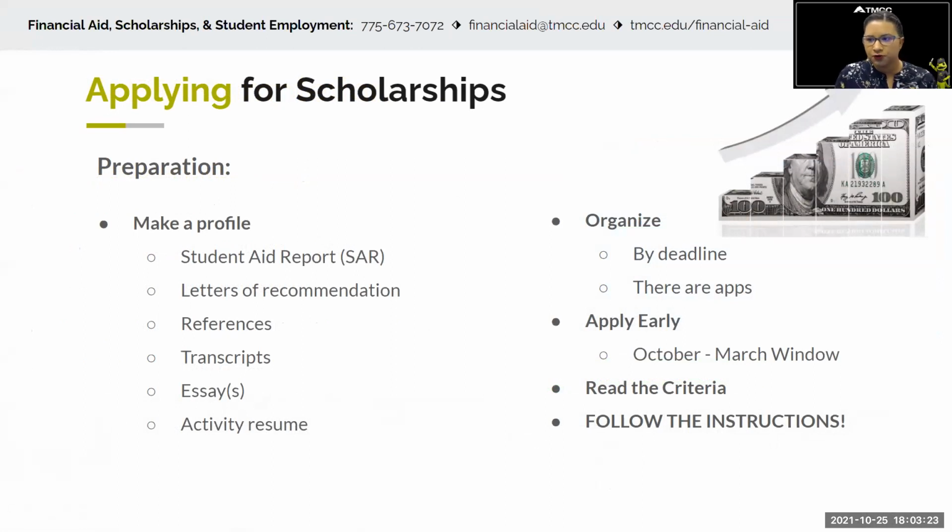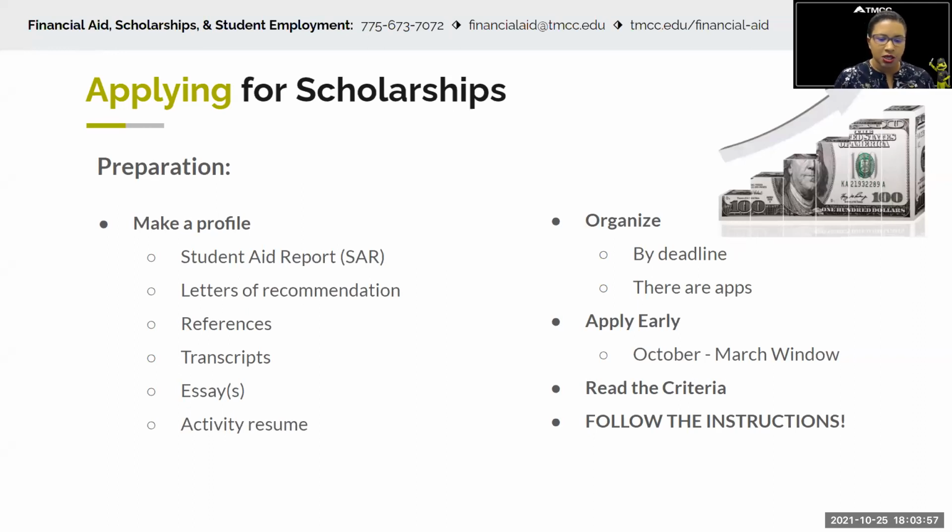Once you've filled out the FAFSA, the next thing to do is to apply for scholarships. When you apply for scholarships, I usually recommend to students that you prepare first and then start applying. When I say prepare, that means to collect your student aid report, which is a summary of your FAFSA that comes back to you once you have filled it out and completed everything.